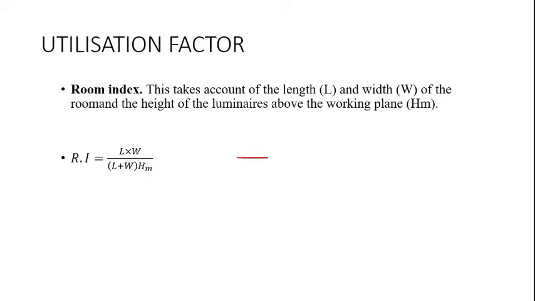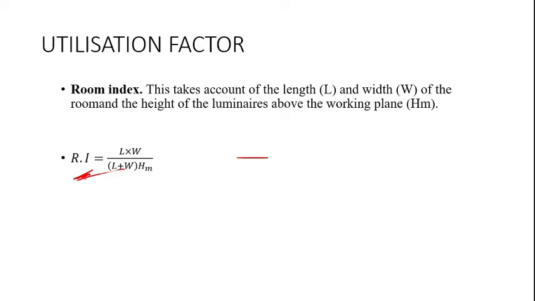And why is the room index defined? It is because the manufacturer of a light source or a luminaire, or the architect, should know the values of this room index.